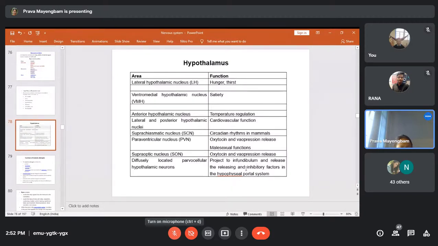They will pour their secretions into the capillaries present in the hypophyseal portal system, and from those capillaries the pituitary will get those releasing or inhibitory factors. They will find their target receptors in the anterior pituitary or the posterior pituitary. Okay, up to this, is it okay?